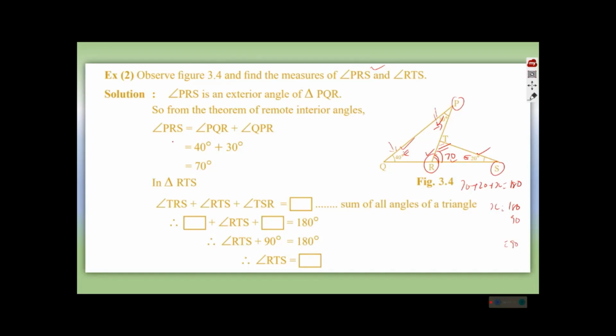Here it is shown, here we applied the remote interior angle theorem, इधर apply करके 70 निकाला, sum of angles of a triangle is equal to 180 लिखे. If you write here 180, because here is the sum of the three angles, and we have some measurements here that can be substituted and we can get it very easily.